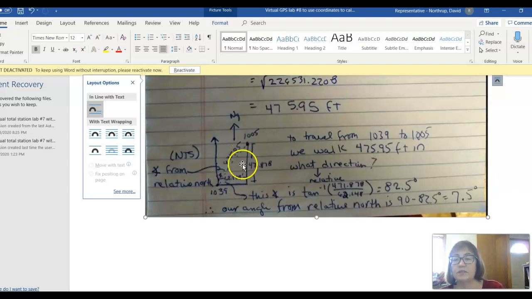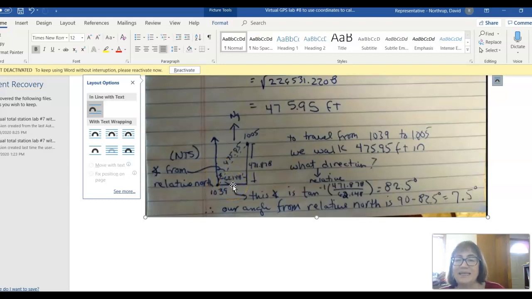Okay, well, based on this triangle, I have a right triangle, so I can see that the tangent of this angle right here is going to be the opposite length, 471.878, over the adjacent length, 62.148. So if I take the arctangent of that, or the inverse tangent, I'll find the angle from here to here. Since I like to reference directions from the compass rose or from north, I then want to find the angle from the north arrow.